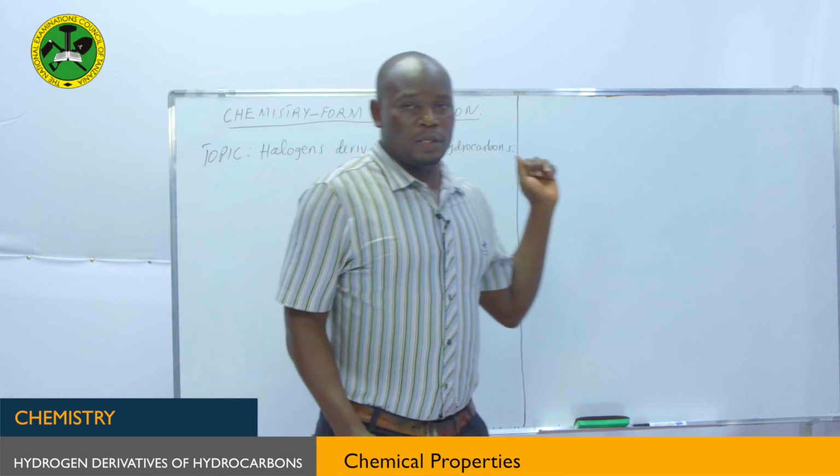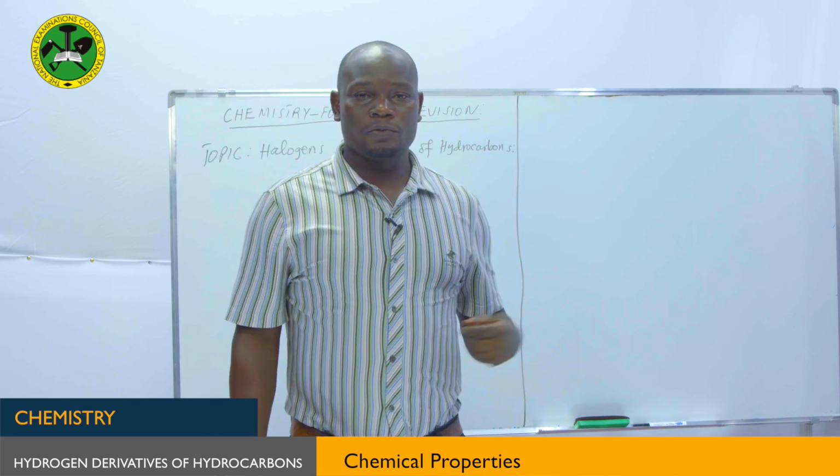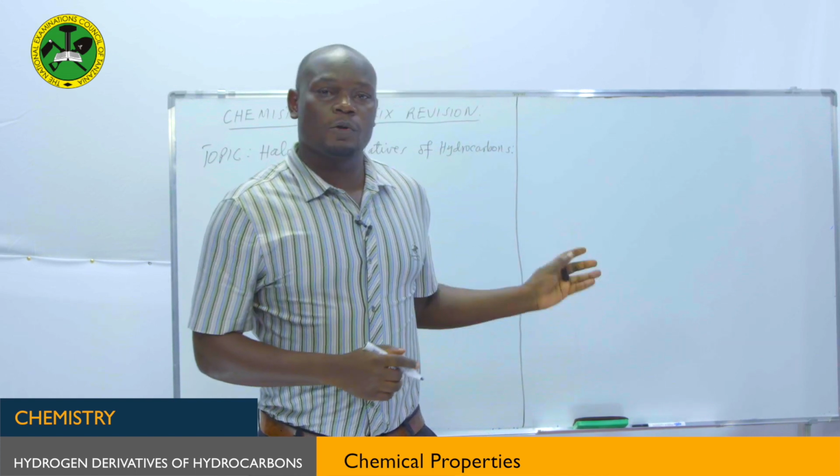In this topic, we are going to consider the chemical properties of the halogen derivatives of hydrocarbons, and it is a continuation of where we ended.